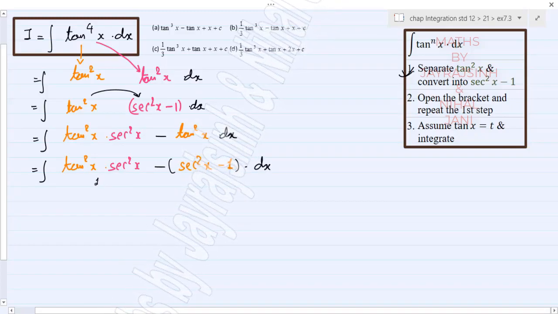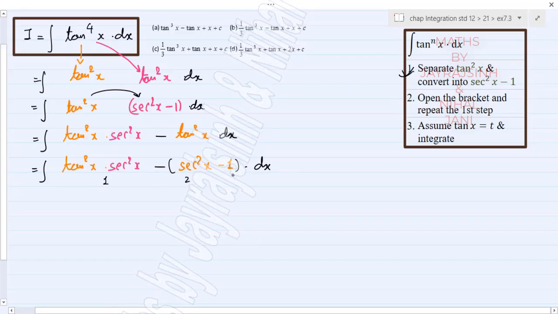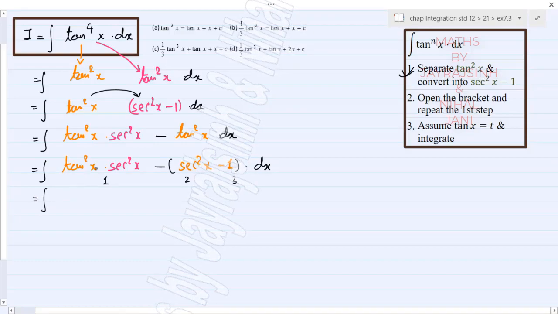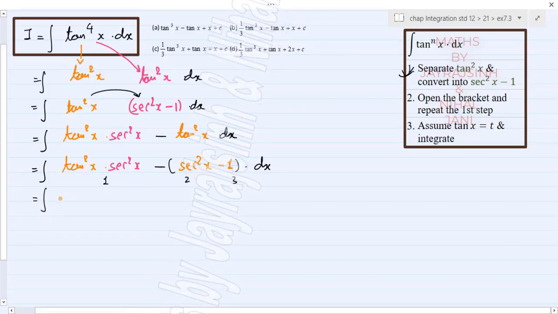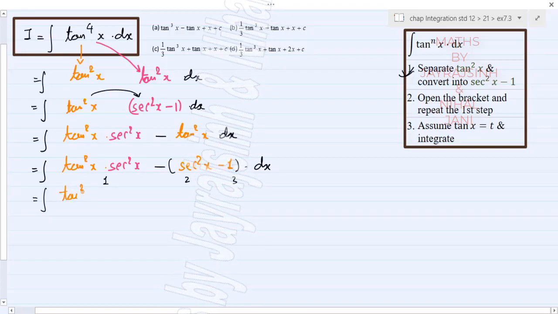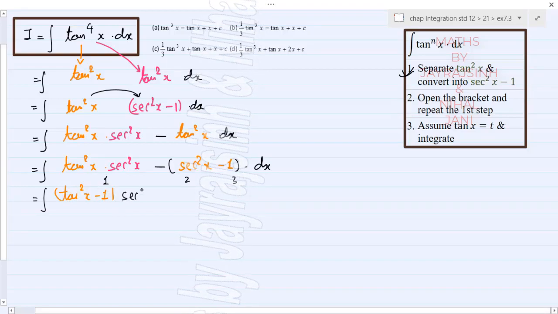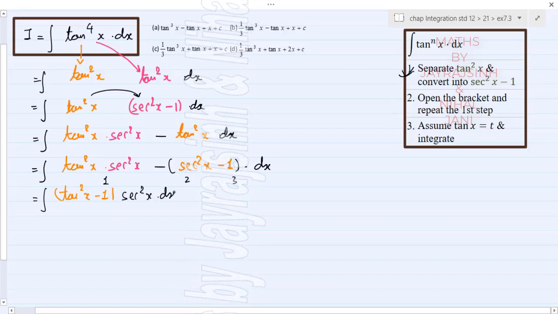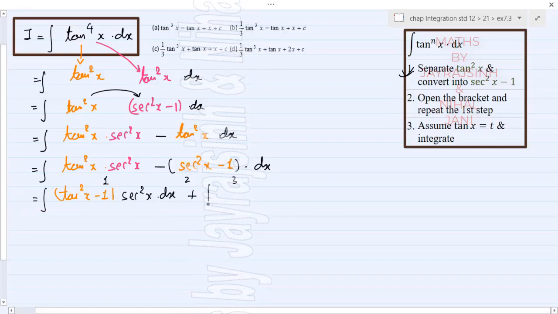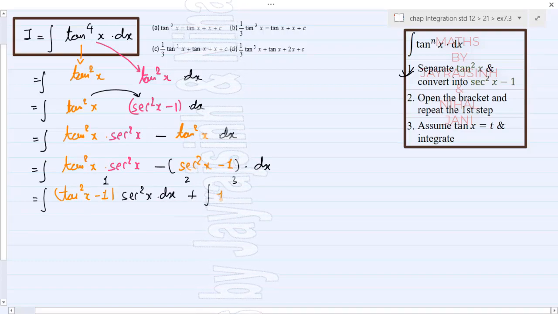So here we get the terms of sec square x in the first two terms and 1 will be separated. So let's take sec square x common from the first two terms. So we'll get tan square x minus 1 and sec square x common plus integration of the last term, which is 1.